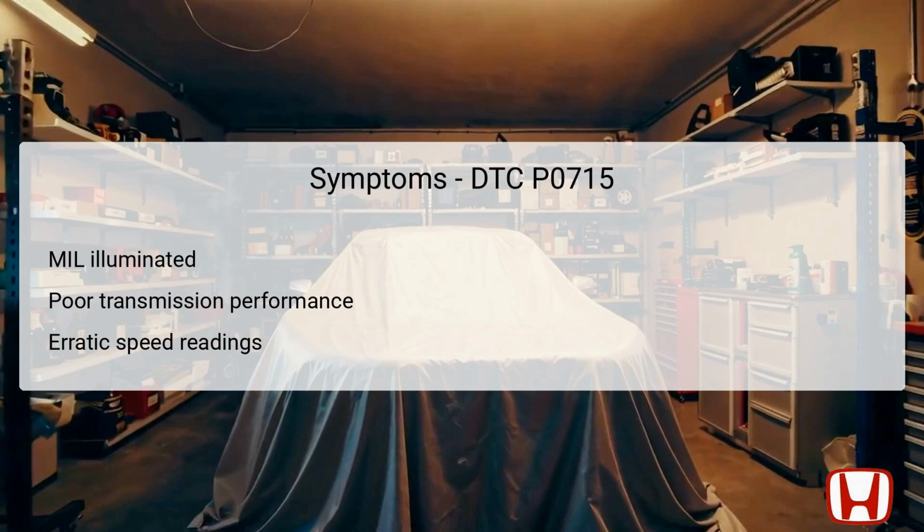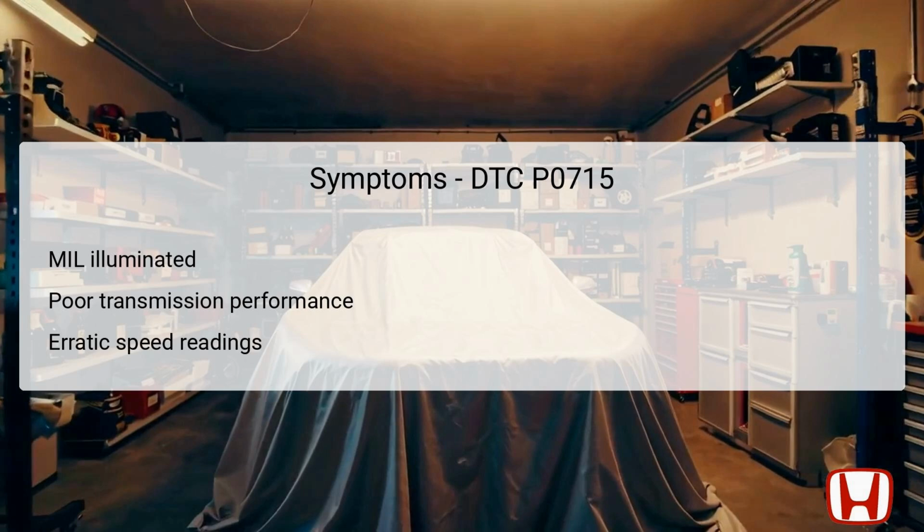The symptoms associated with the DTC P0715 can significantly affect the driving experience. One of the most common indicators is the illumination of the malfunction indicator lamp, MIL, alerting the driver that a fault has been identified. In addition to the warning light, the vehicle's transmission performance may decline, leading to issues such as harsh shifting or slipping, which can be quite concerning for drivers.